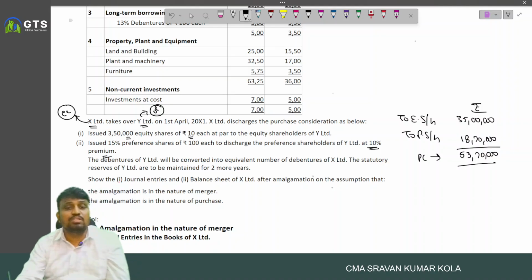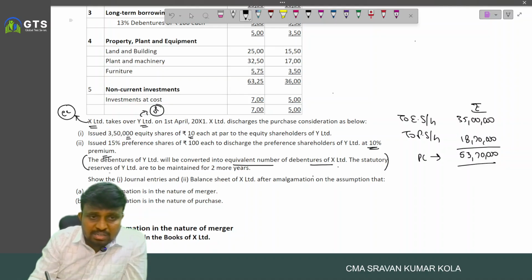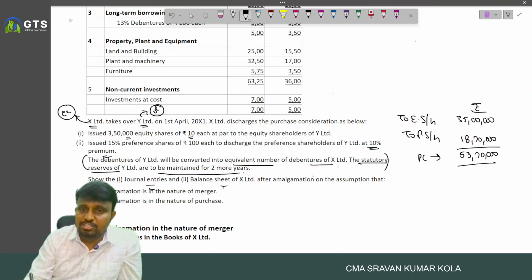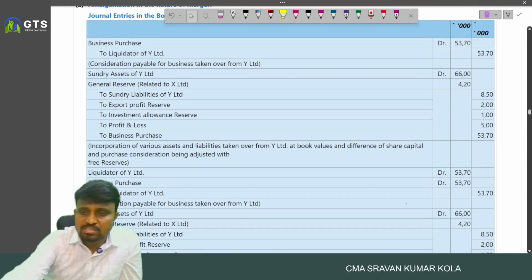53 lakh 70,000. And the debentures of Y Limited are converted into an equivalent number of debentures of X Limited. Statutory reserve of Y Limited is to be maintained for 2 more years. And show the journal entries and the balance sheet. So here what is the PC? 53 lakh 70,000. Okay, first we'll verify the PC here.